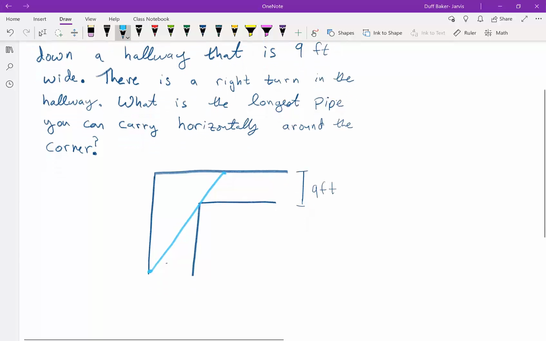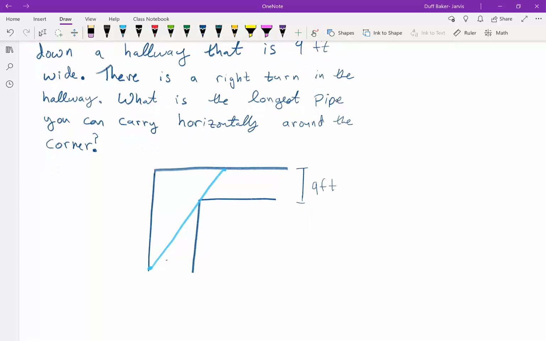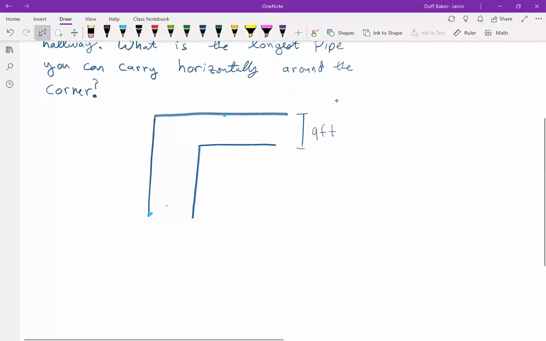And so the way we would think about it as a minimization problem is we're gonna imagine like we start with a super long pipe, right? And as we start trying to move it around the corner, at some point it's going to start hitting the walls, right?